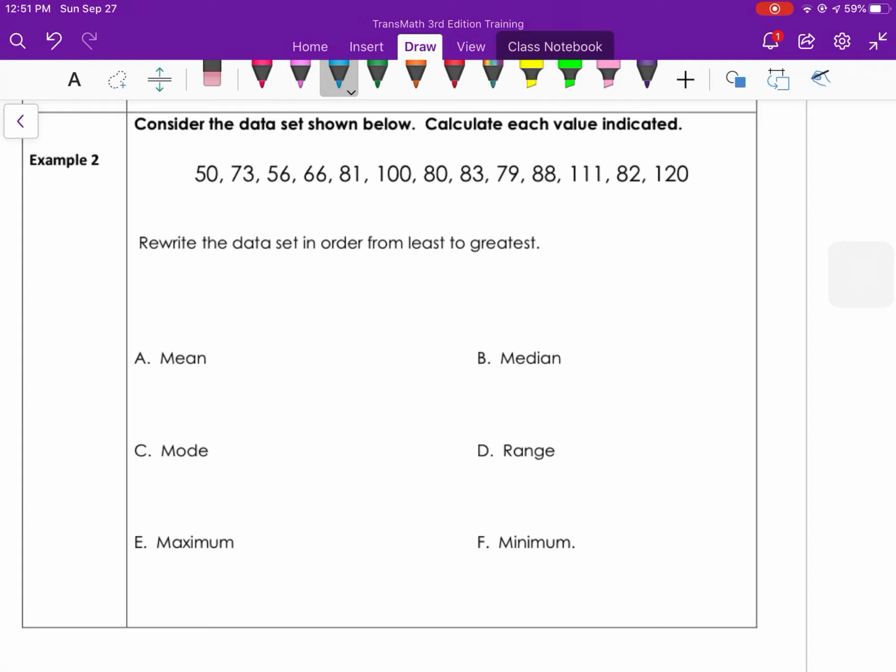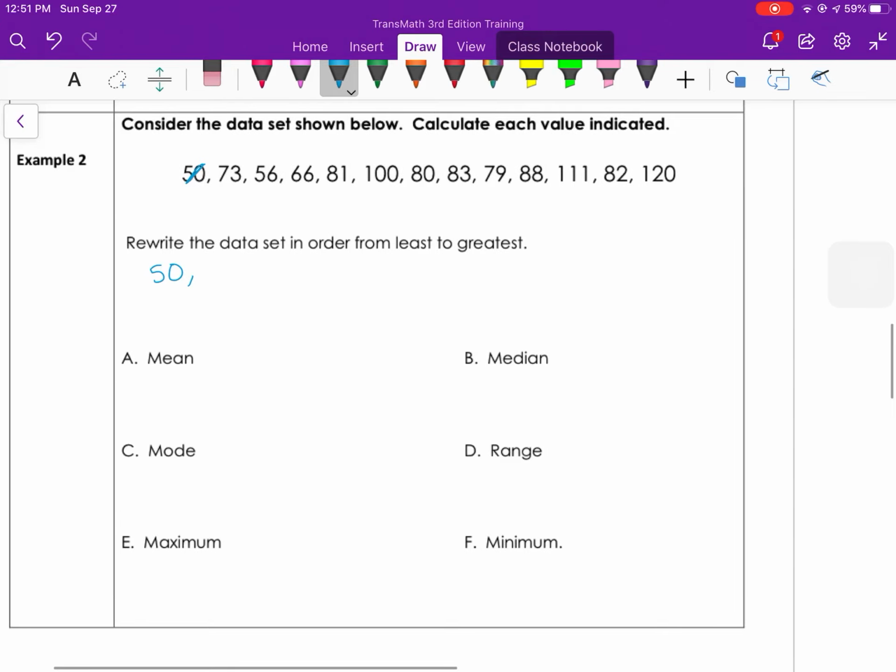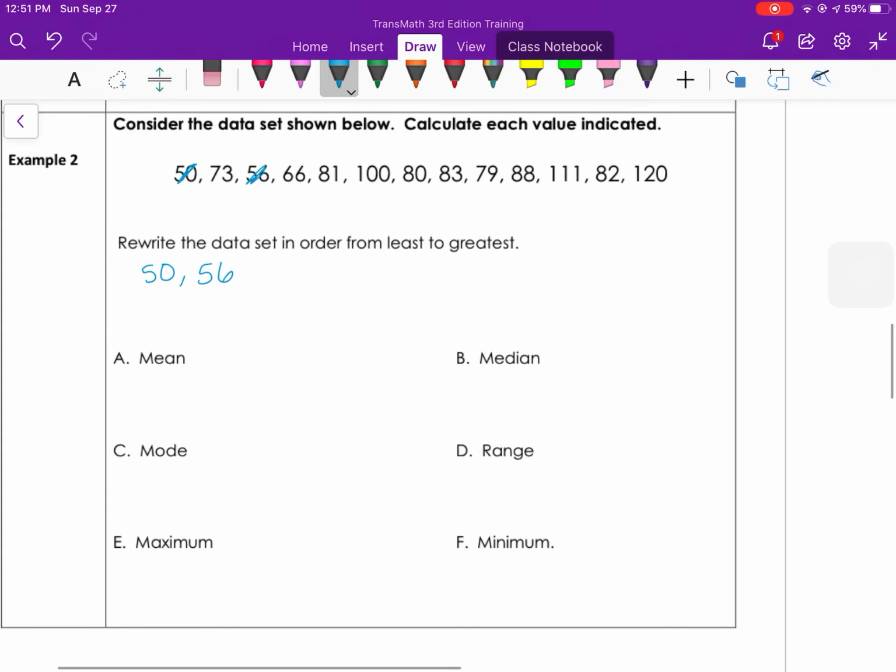So let's practice that. Let's rewrite these from smallest to biggest first. So if I look through here, 50 is my smallest. I'm going to cross that out and look for the next smallest, which is 56. Cross that one out.